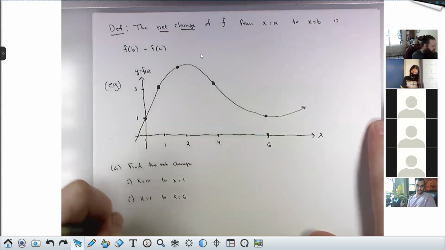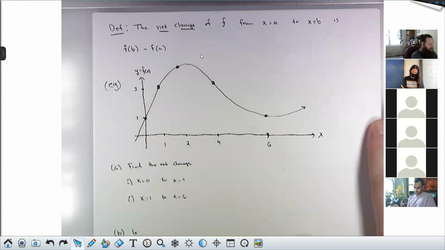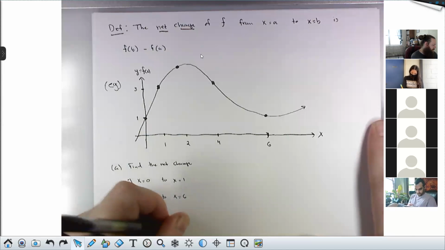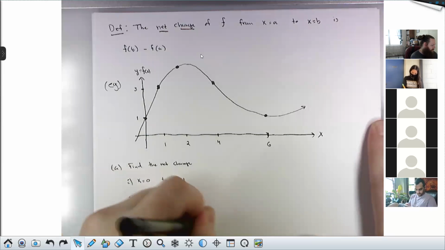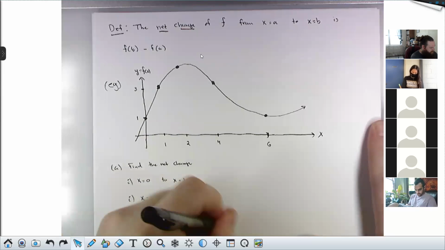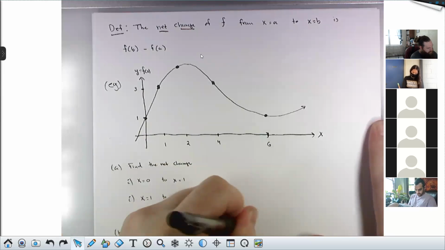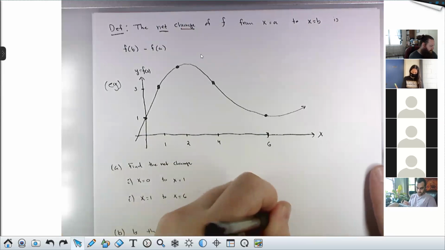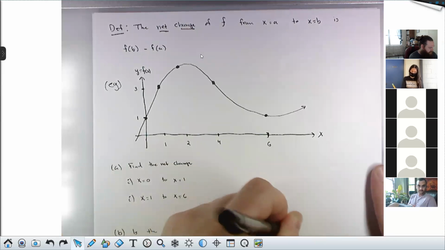And then let's answer, this guy, is the net change from x equals 1 to x equals 4 negative, 0, or positive?